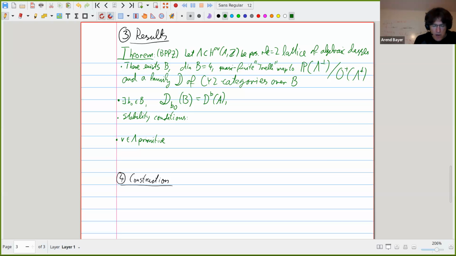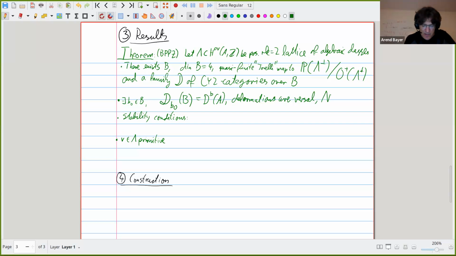And moreover, the deformations are versal. I just mean that the Kodaira-Spencer map from the tangent space of B at B naught to deformations of this category is injective and orthogonal to lambda.